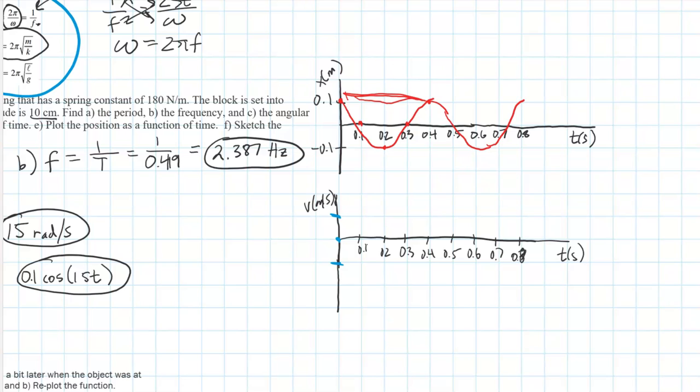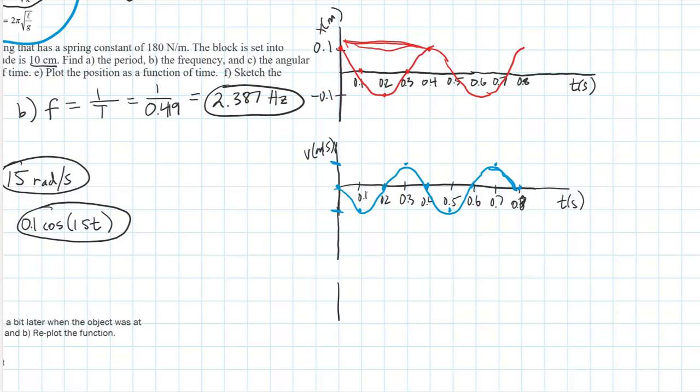So I know it's going to be at its negative maximum there, back at equilibrium here, and it'll be back at 0 at 0.4, and then back at 0 at 0.8. So that is going to look something like that. So it's out of sync with the position function, but it follows a similar pattern.